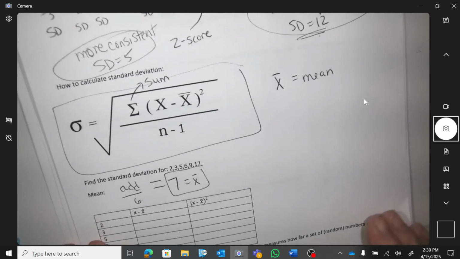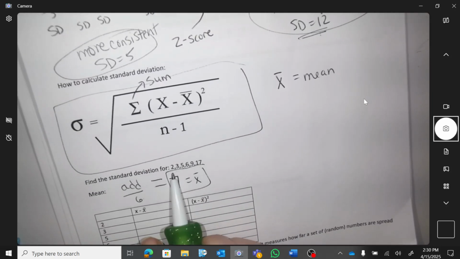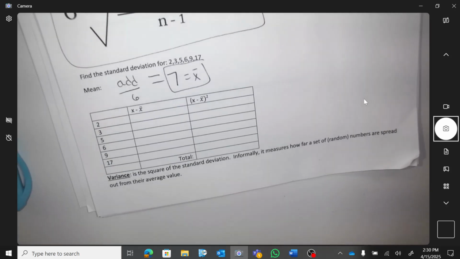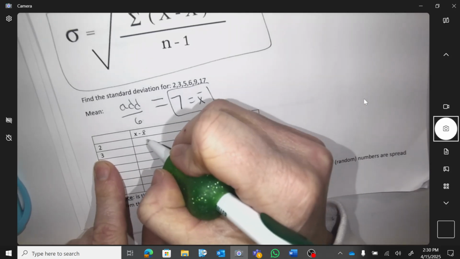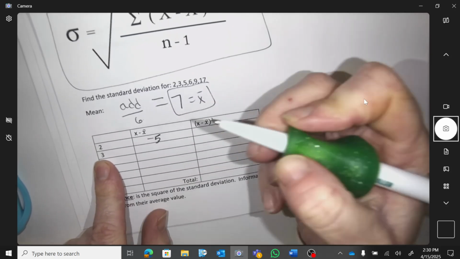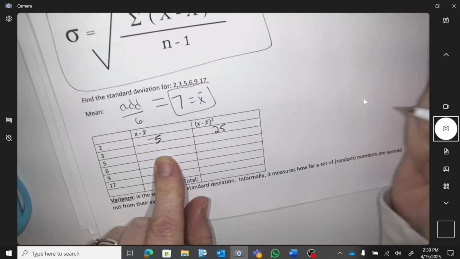I'm going to start with just x minus mean. The first x value, x is just your values, so x is 2. 2 subtract 7 is -5. -5 squared is 25.